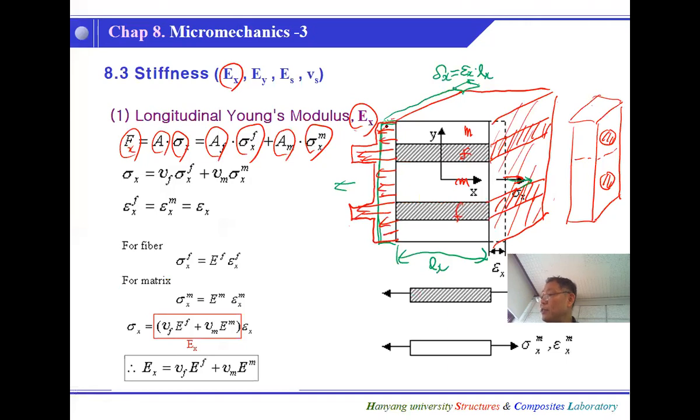The point is that the strain is uniform in extension, but the stress will differ between fiber and resin because the fiber modulus EF and the matrix modulus EM are different. We multiply the same EX, then even though the strain is the same, the stress will be different.